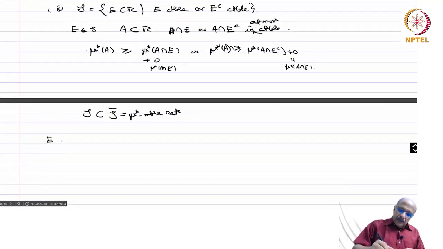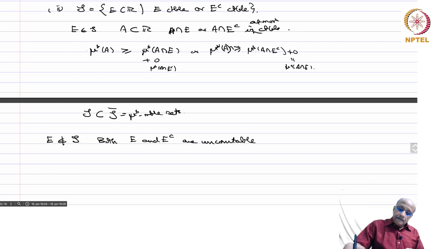Suppose E is not in S, that means both E and E complement are uncountable. So you take R equals the union over N in Z of N to N plus 1.